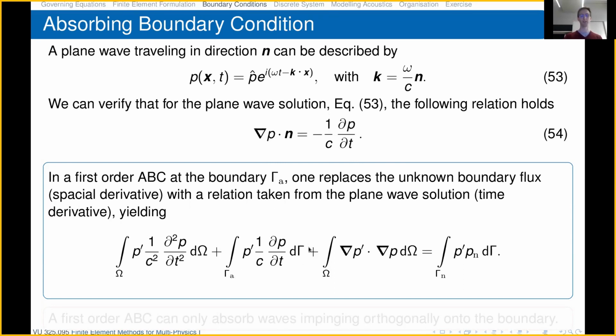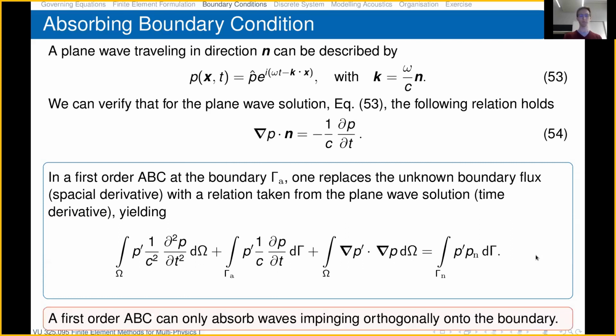So this is a boundary integral, not a volume integral. And here we have the relation of test function p prime times the time derivative of our unknown function, and inside also the speed of sound. Just note that the first order absorbing boundary condition can only absorb waves impinging orthogonally onto the boundary.